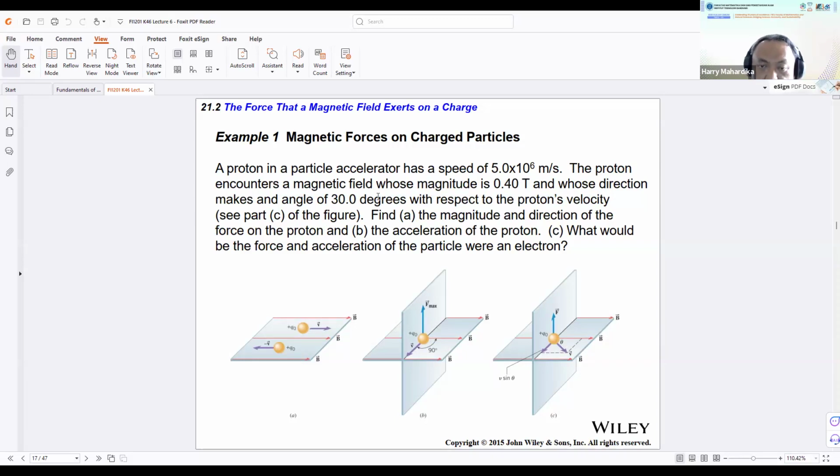So find the magnitude and direction of the force on the proton, the magnetic force to be precise, that is acting on the proton, and the acceleration of the proton. What will be the force and acceleration of the particle if the proton is replaced by an electron?